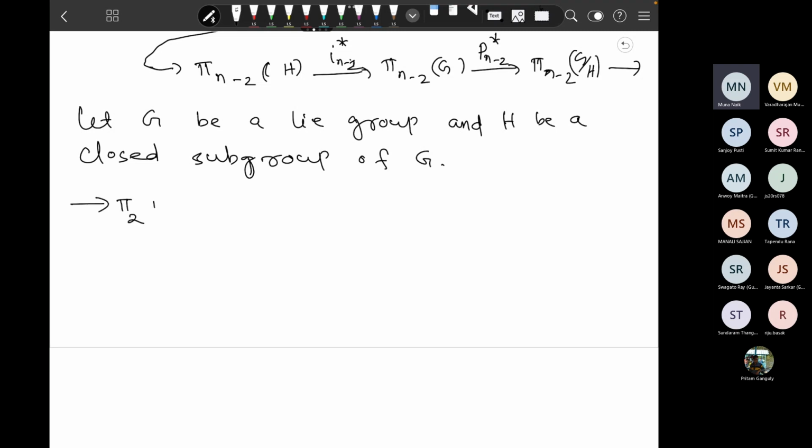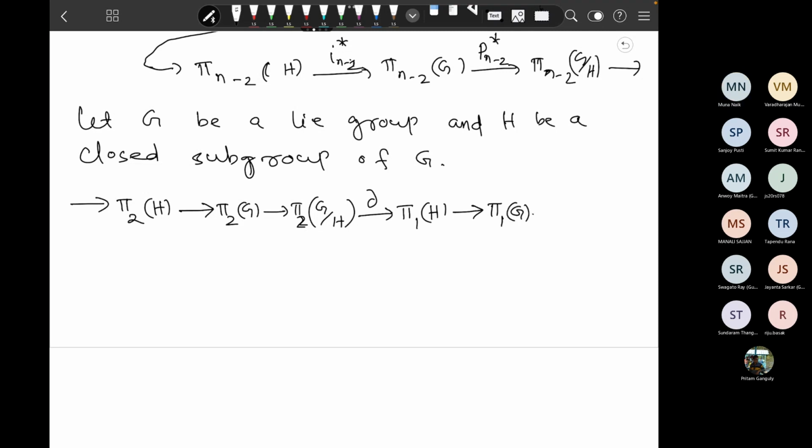I will get pi 2 of H, pi 2 of G, pi 2 of G by H. And there will be some boundary map delta to pi 1 of H, then pi 1 of G and pi 1 of G by H. Then this will be pi naught of H.